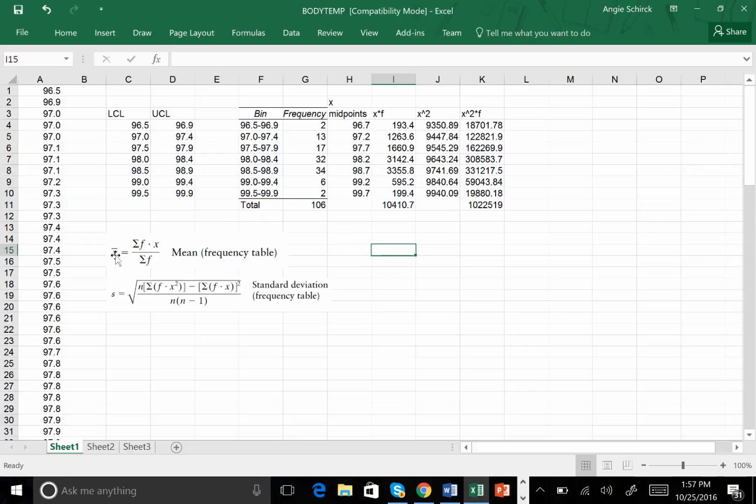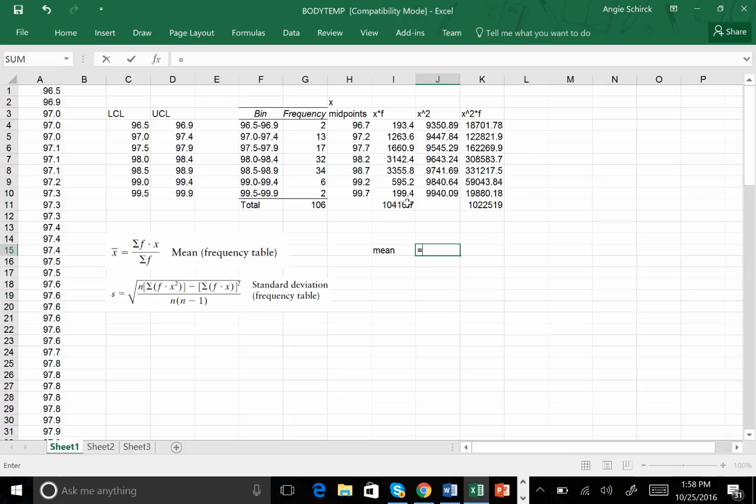The mean is found by taking the sum of f times the data value here. So these are f times the data value, and here's the sum.